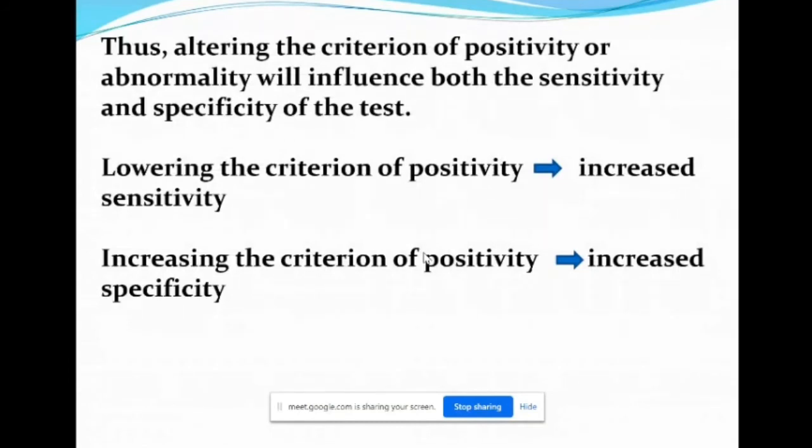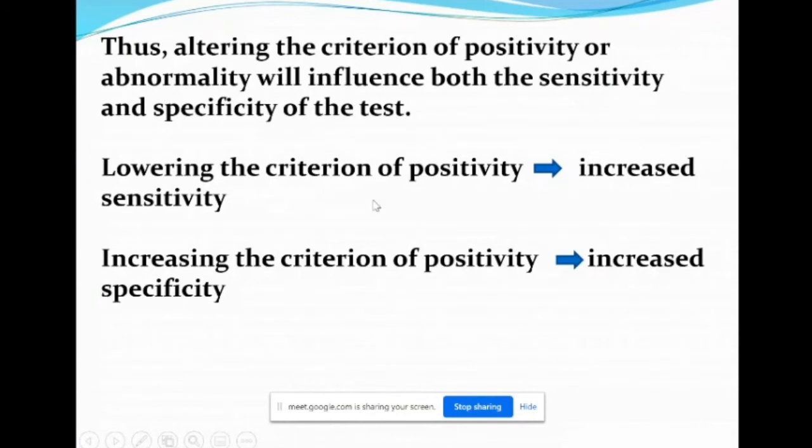So if we want to increase one of them, sensitivity or specificity, we should work on the cutoff point or the criteria of positivity of the screening test. Lowering the criteria of positivity will increase sensitivity, and increasing the criteria of positivity will increase specificity.